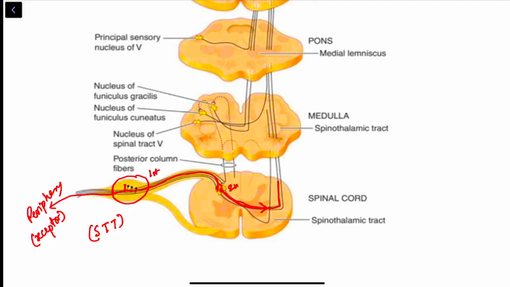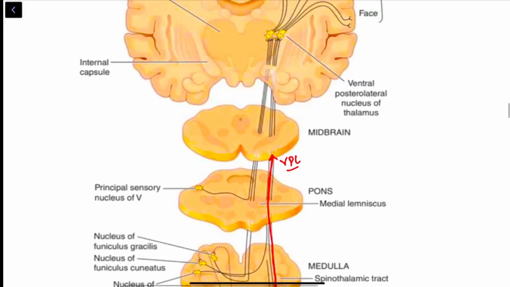The second order neuron will cross to the opposite side at the same level, and it will go up to the ventroposterolateral thalamus. Let me see if there is VPL thalamus. Yes, there is VPL thalamus. This is the ventroposterolateral nucleus of thalamus, right?